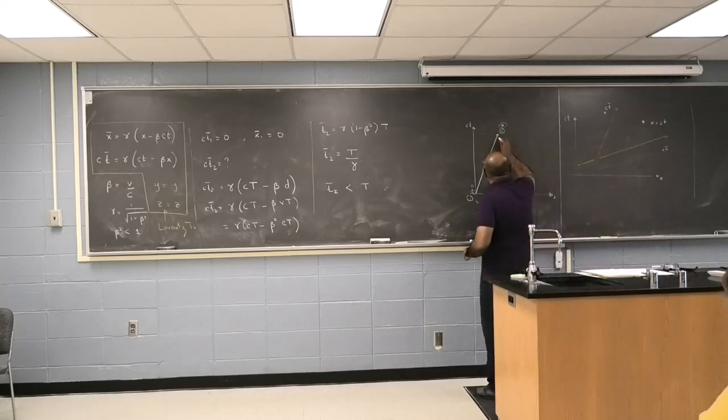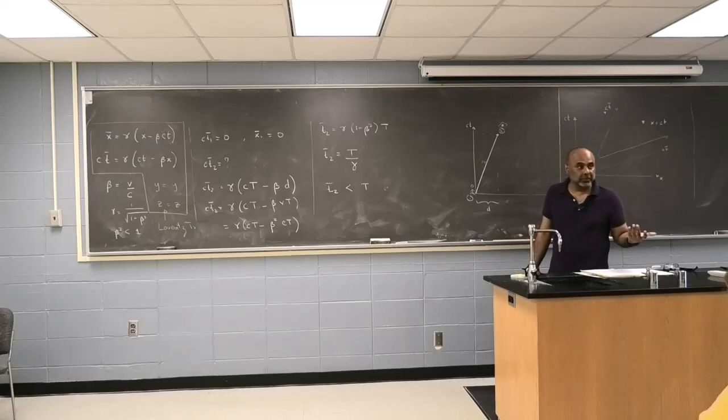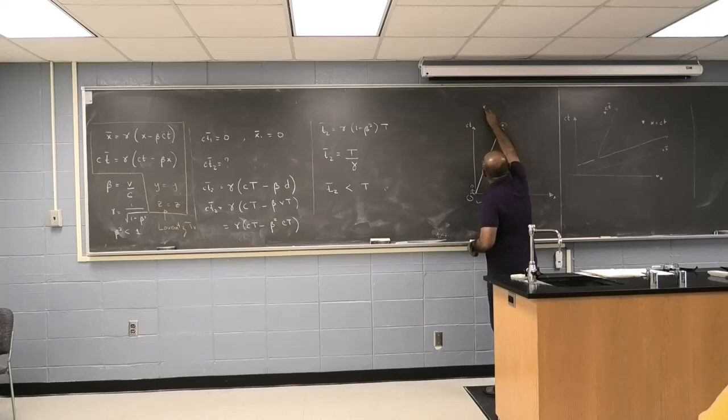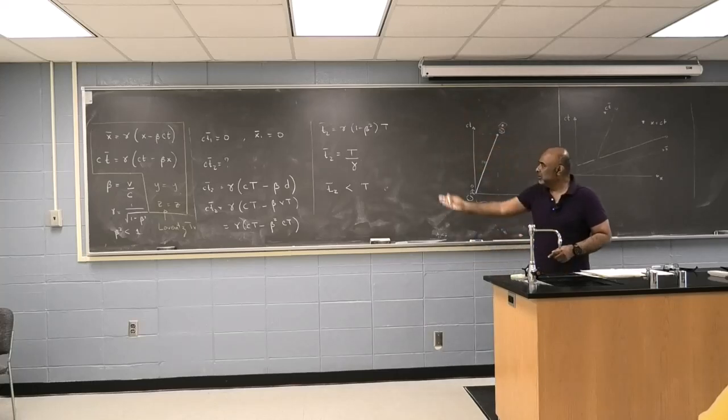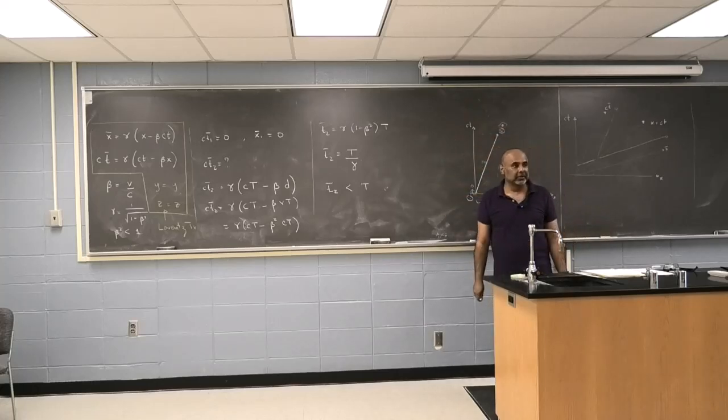Now, this is half of the twin paradox. So what happens if now the twin that's reached this distant galaxy comes back around? All these numbers get multiplied by 2.